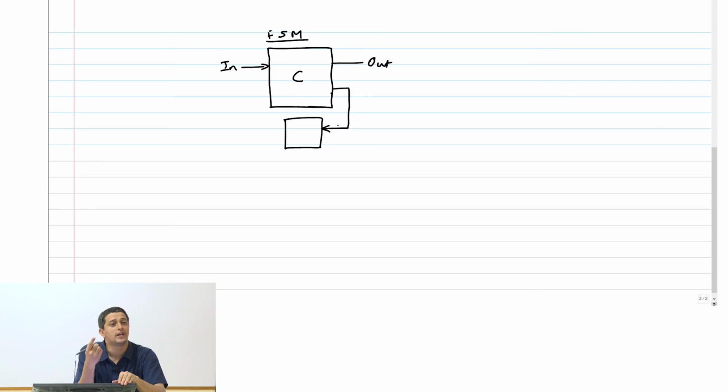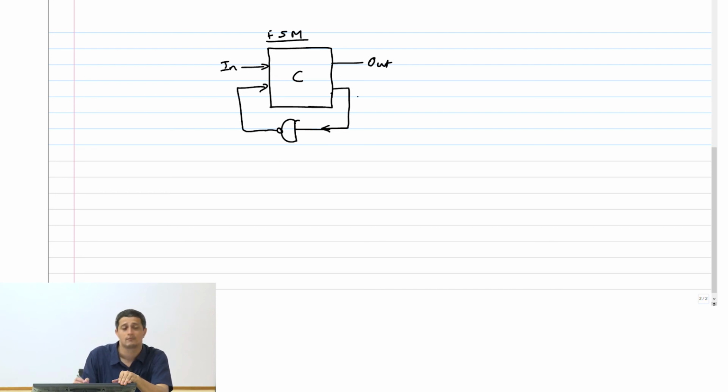Obviously, I have to give it some delay, right? Now, the question is, can I just put a logic gate here? Let's say a NAND gate. Can I feed it back like this?